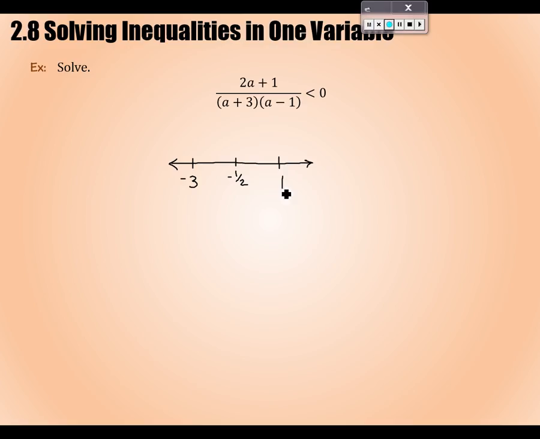And now we're going to do the same test. Are you ready? If you plug in a number like -5 or -5,000, either one, you'll get a negative over a negative times a negative, right? What is that going to be over here? All right, so we got a negative. What about in here? How about plugging in -2 maybe?